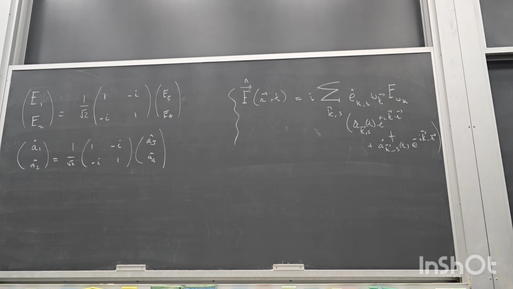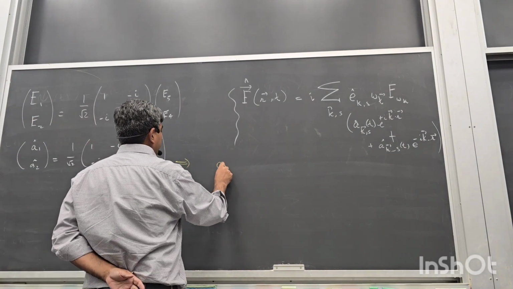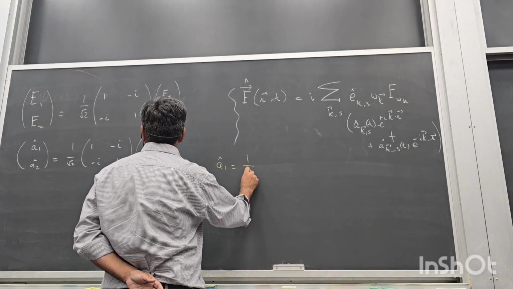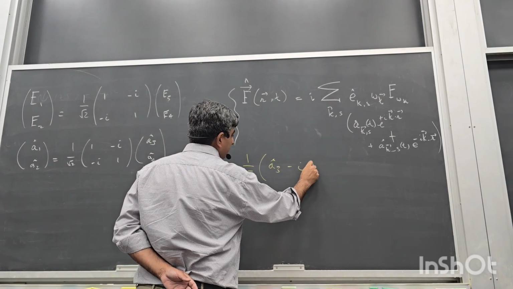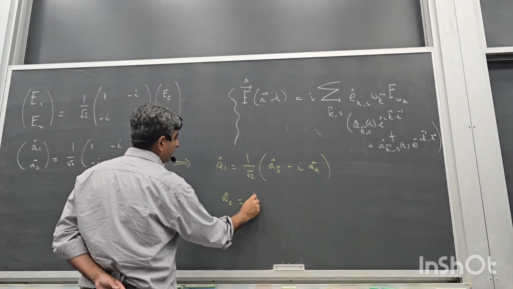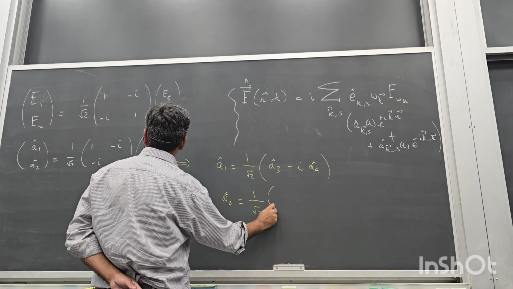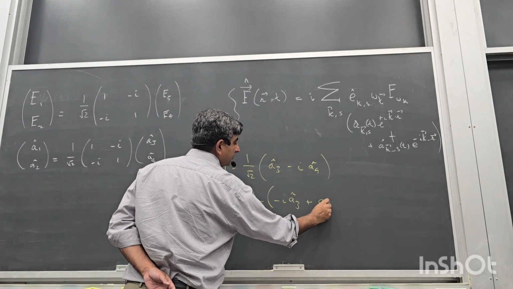So now let me recast this in terms of a1 is 1 over root 2, a3 minus iota a4, and a2 equals 1 over root 2, minus iota a3 plus a4.